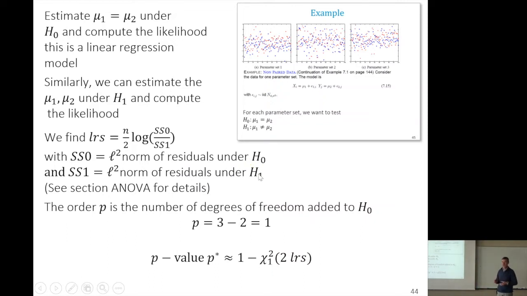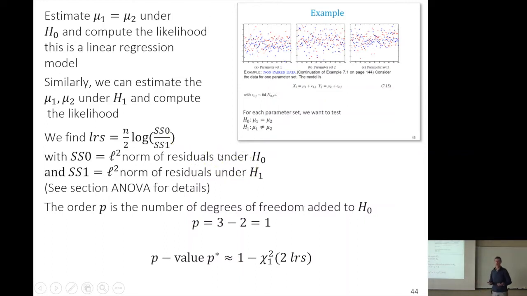If the improvement is small, which means if both are the same, this ratio will be 1, so the log will be 0. If SS0 is much larger than SS1, this thing will be large here. And if it's large, that means that H0 is not true, because the reduction I have when I have H1 is considerable.